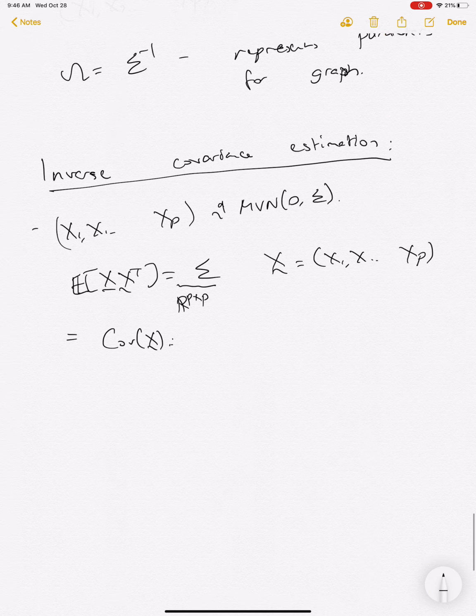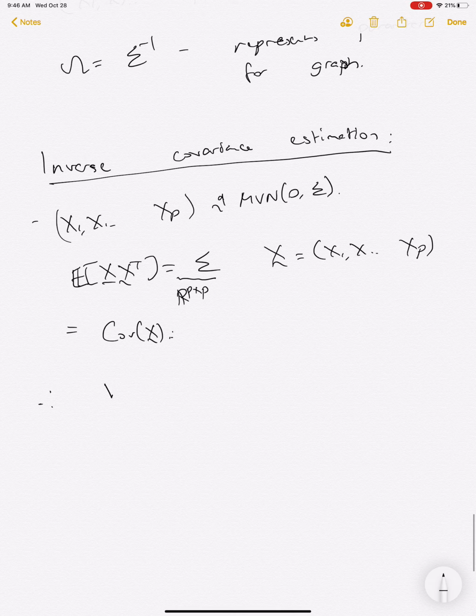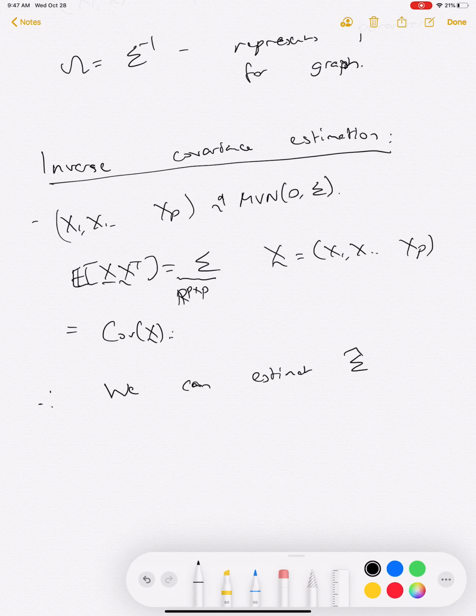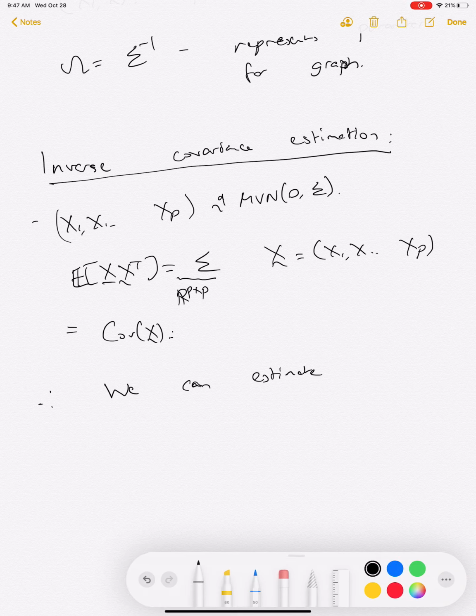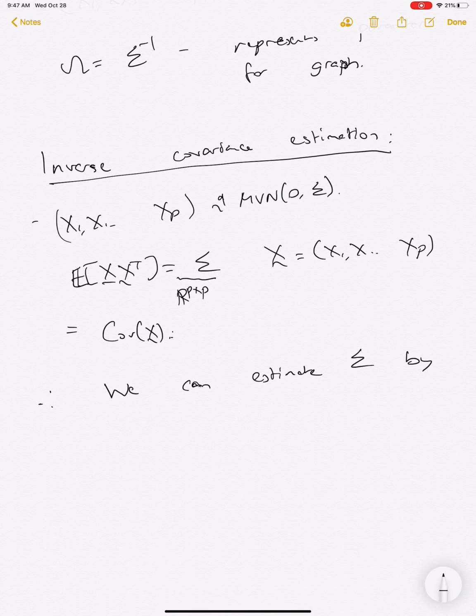So what that means is, therefore, we can estimate sigma by sigma hat, which we're going to say is just the sample average of this. So this is 1 over n times the sum of x tilde i x tilde i transpose.